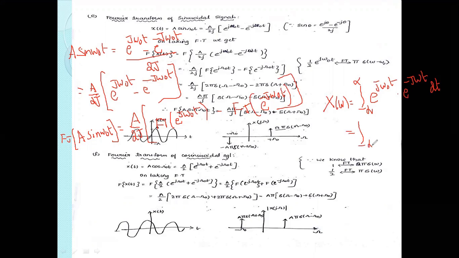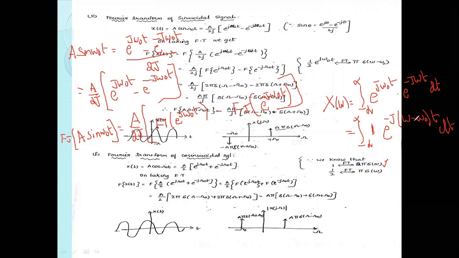That is the integral from minus infinity to infinity of e power, taking minus j common, minus j times omega minus omega naught into t dt. It is like e power minus j omega t only, with a 1 here. What is the Fourier transformation of 1? The Fourier transformation of 1 is 2 pi delta omega. Got it, my students? 2 pi delta omega.